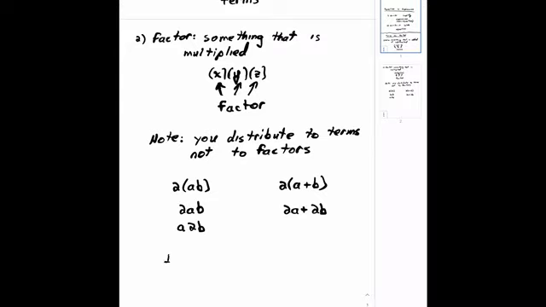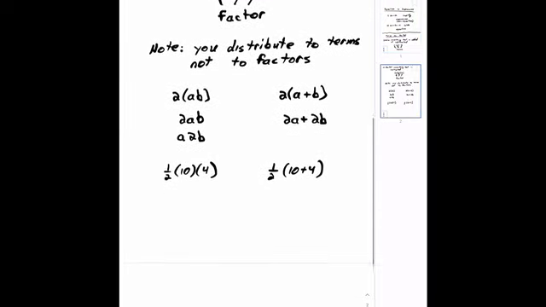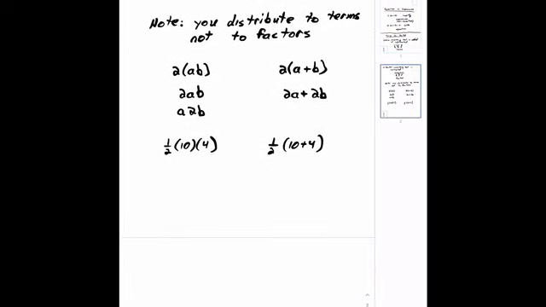Okay, so let me just take a couple simple examples and show you how this works. Let's say we have 1/2 times 10 times 4, and the other example is 1/2 times 10 plus 4. Well, in the first one, first of all, you'd probably multiply the 10 and the 4 and get 40, then multiply by 1/2 and get 20. Fine, I understand that's what you do, and that's perfectly good.